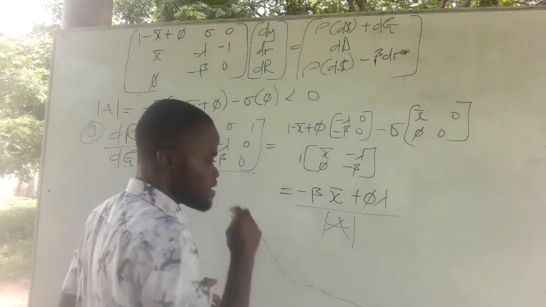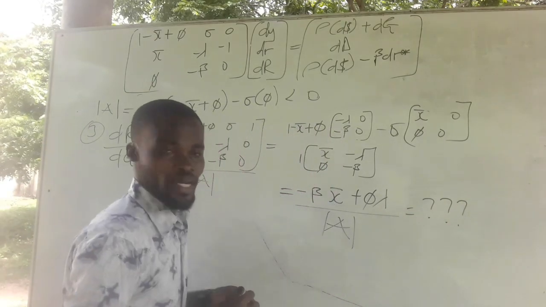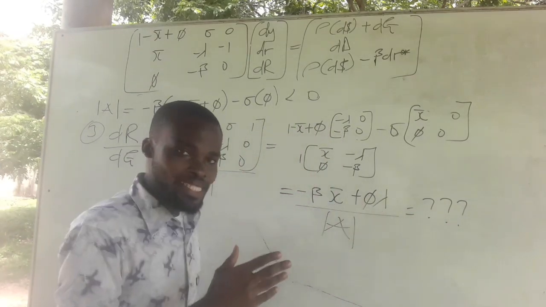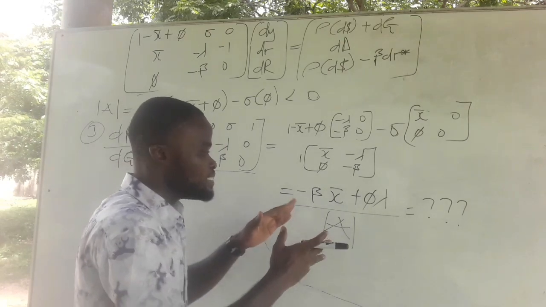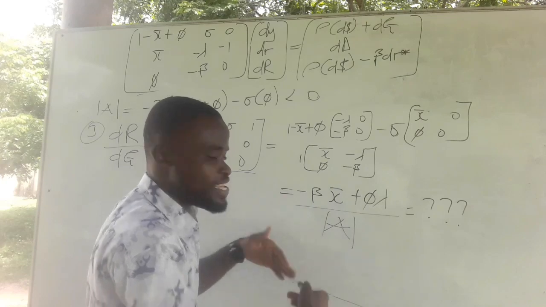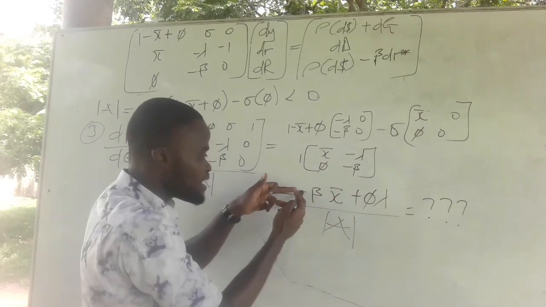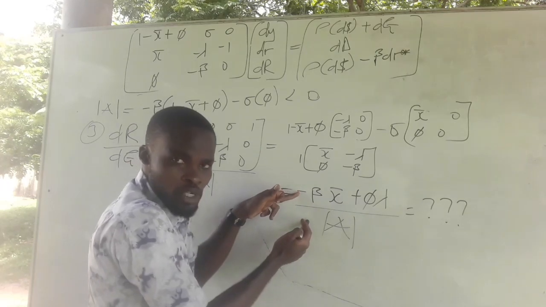So in here, we can't determine the sign, whether it will be greater than or less than, because the numerator has different signs. The signs are alternating, we have negative and positive. So it will be effective if the numerator is negative. If the numerator becomes negative, that means the negative of the numerator will cancel the negative of the denominator.